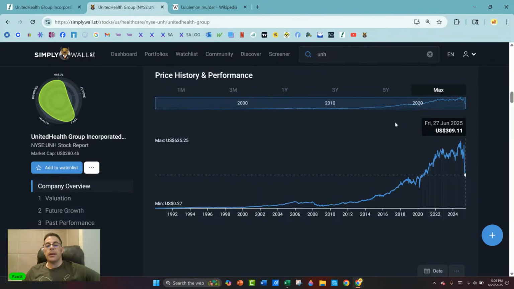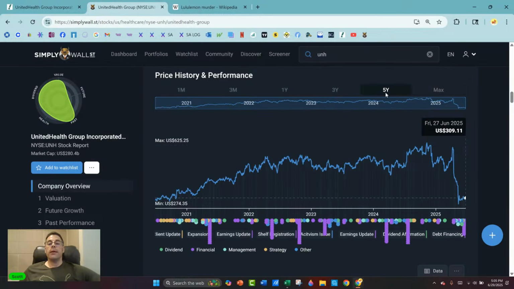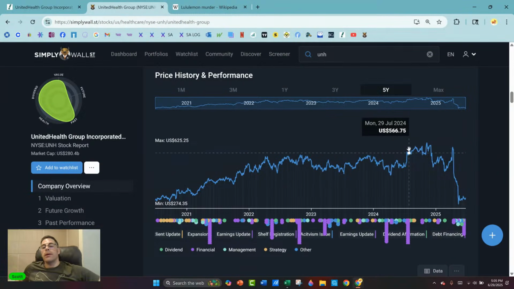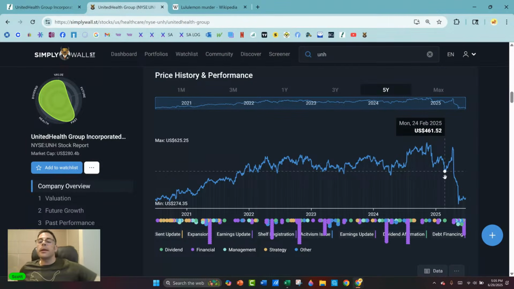Let's look at this chart. It peaked at 625. That was in November 2024, the peak at 625. It did come down 22% to 460.